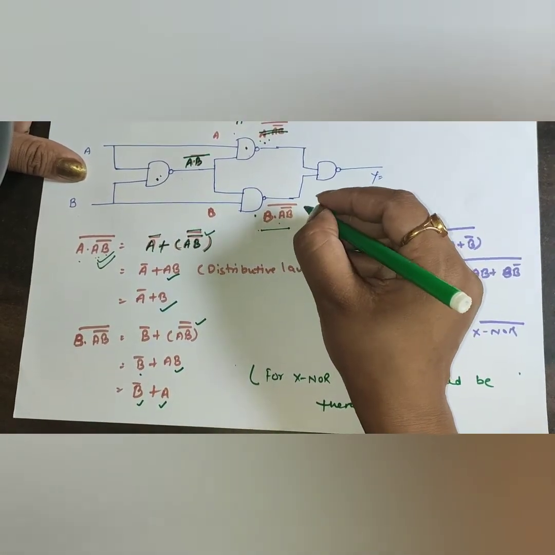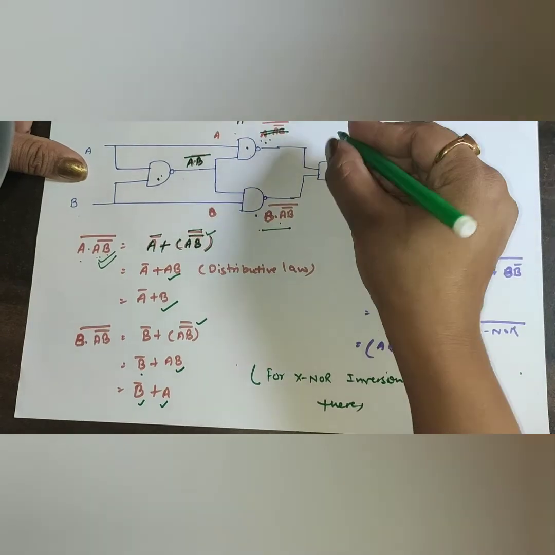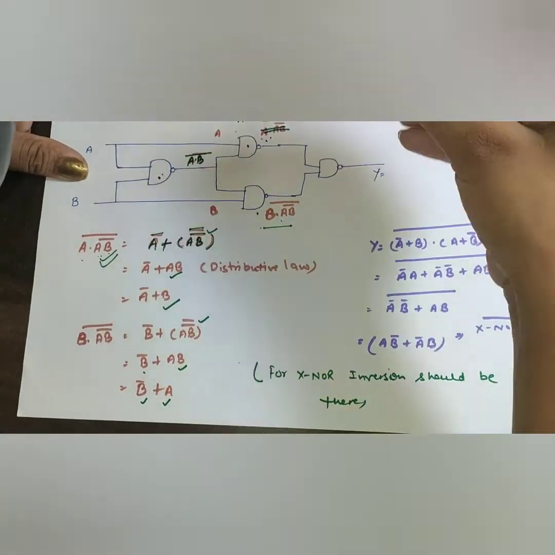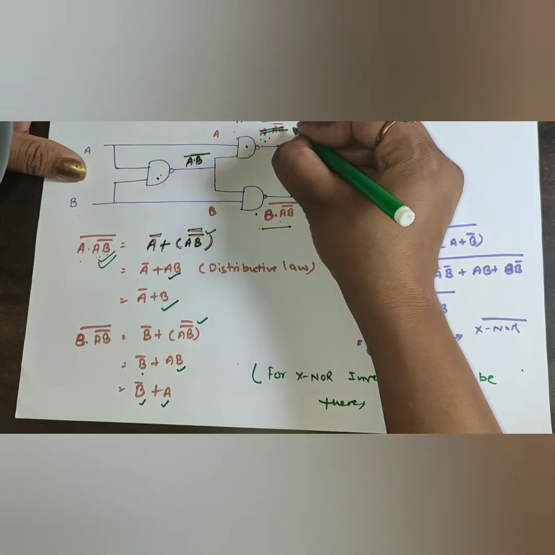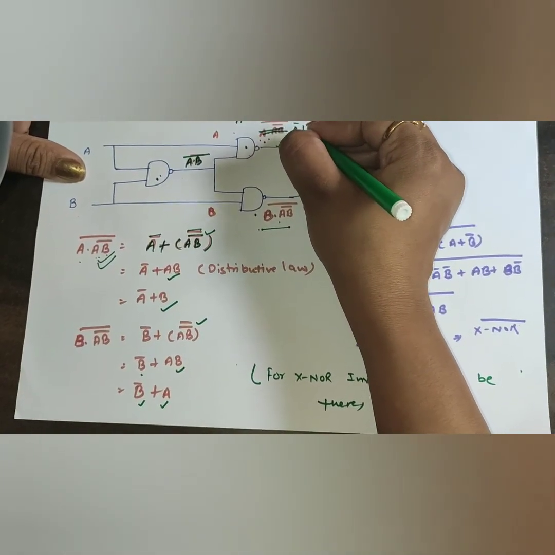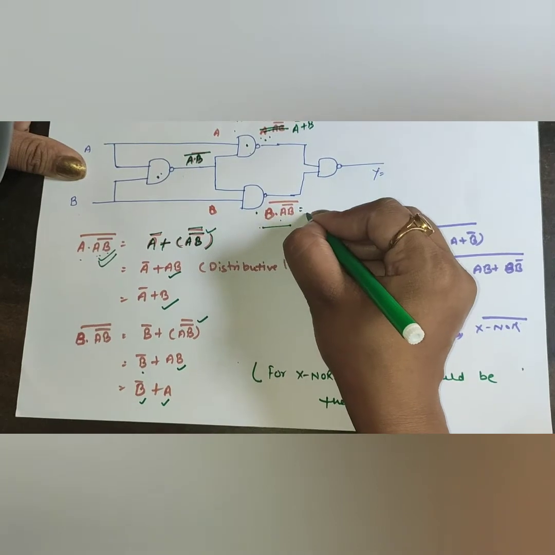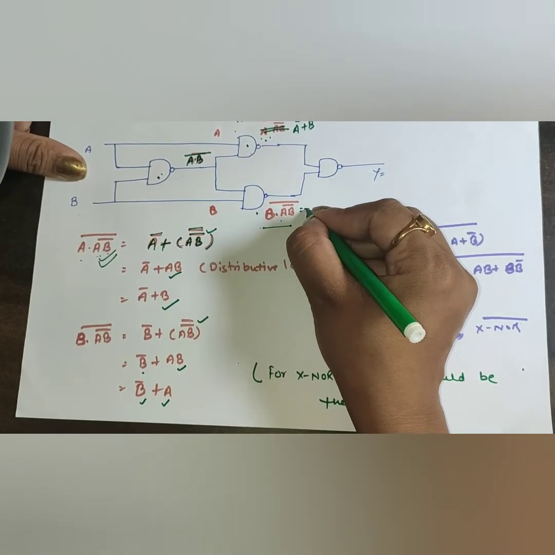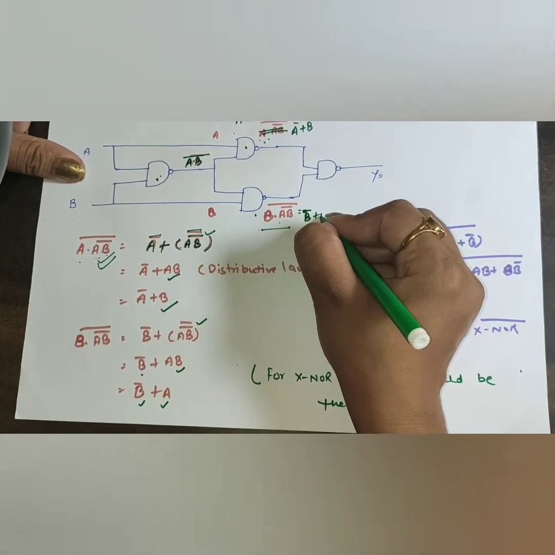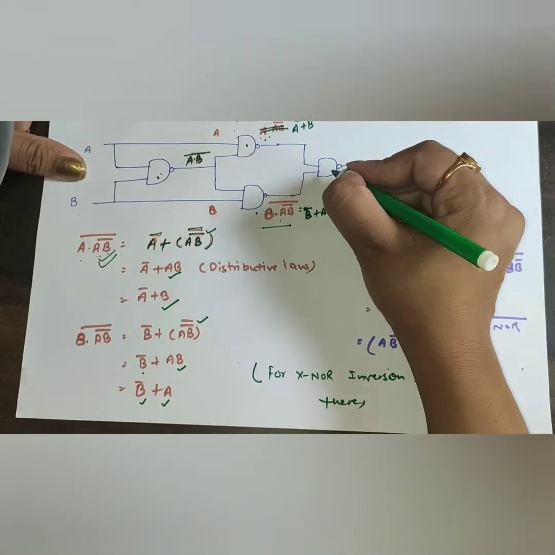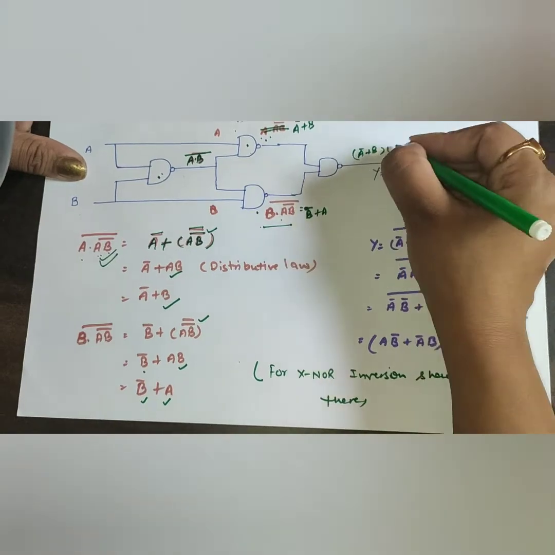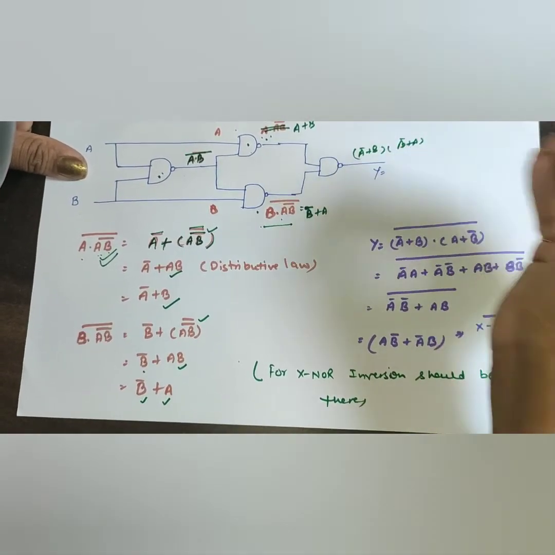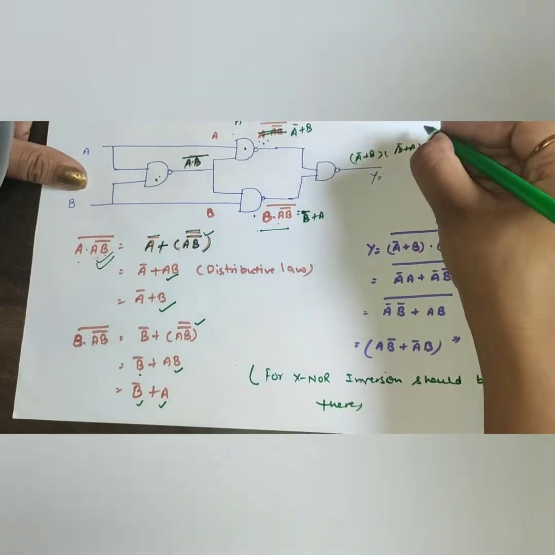So here we get the outputs: A bar plus B, and here B bar plus A. Both are given to the NAND gate, A bar plus B and B bar plus A. So here you get this.